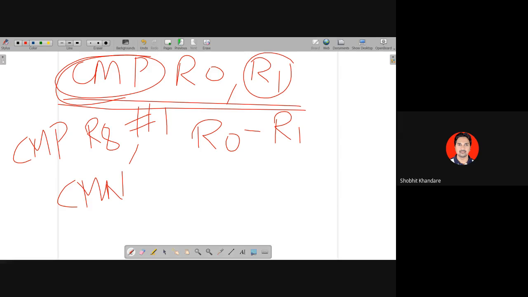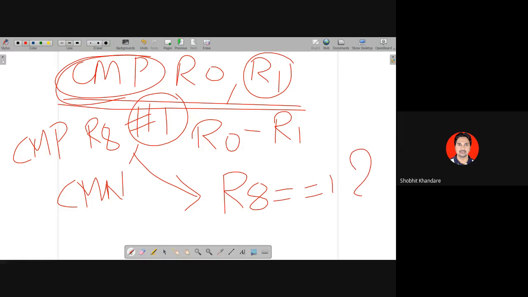So here you are comparing your R8 with the immediate value. R8 is compared with 1. So actually इसका मतलब क्या है? Whether your R8 is equal to 1? Okay. So you can take the register or else you can take the immediate value.